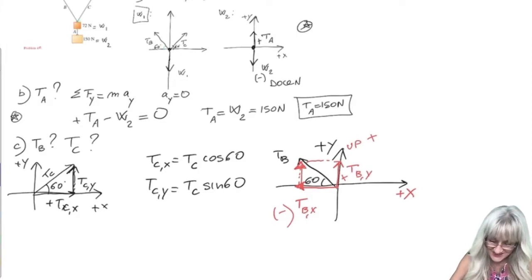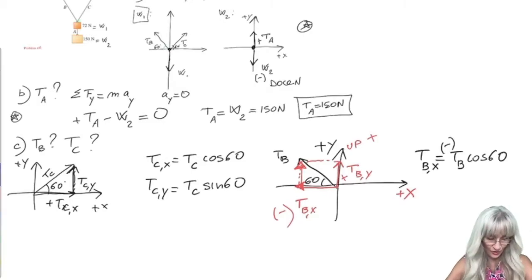All right, let's compute. T of B component on the x-axis will be the hypotenuse, which is T of B. I know it's negative, multiplied by the cosine of the adjacent angle.